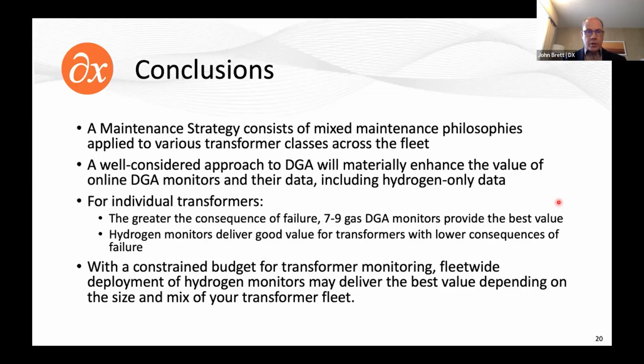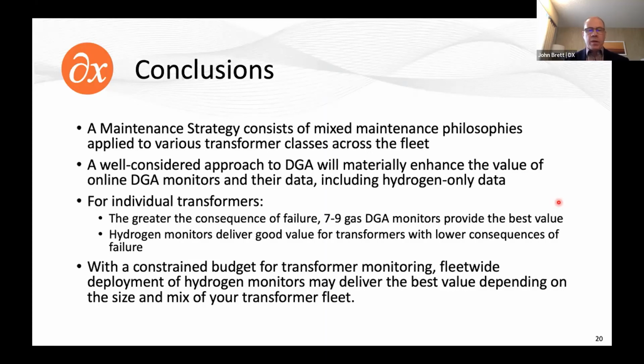For individual transformers, it's fairly straightforward. The greater the consequence of failure, 7 to 9 gas DGA monitors provide great value, but you get really good value for transformers with lower consequences of failure, which means there might be a whole class of smaller transformers that you hadn't considered monitoring, on which hydrogen monitors actually give good value.